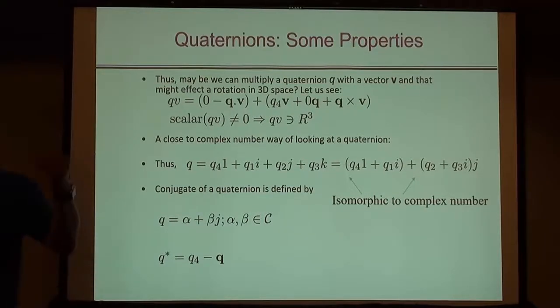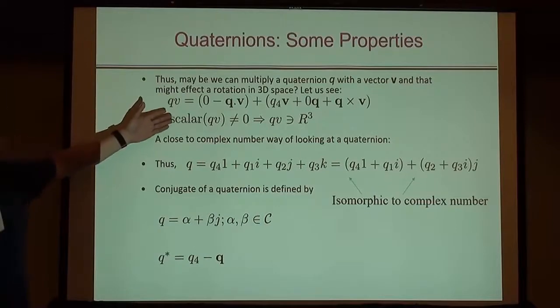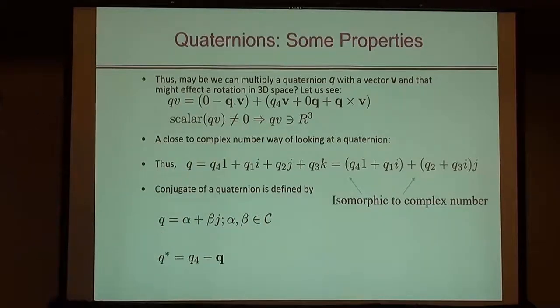In the same way, if we multiply a unit complex number with another vector, it causes the vector to rotate in the same plane. So the question is, if we have a vector in a plane that's oriented in 3D space, not one of the coordinate planes, and we apply a quaternion to it, what does it do? So this is what the explanation is.